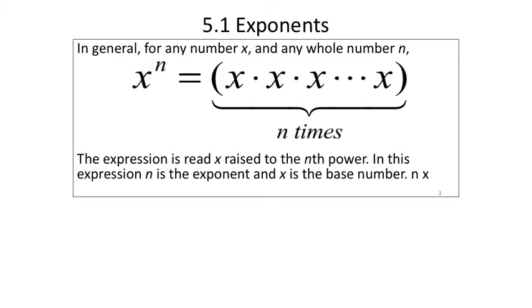So exponents, to me, it's kind of a nerdy way to explain that you've got two parts to this exponent stuff, okay? You've got the x here, and of course that x could be a number, could be a letter, it doesn't really matter, but that's what we call the base value, and that's the value that's going to be repeatedly multiplied.